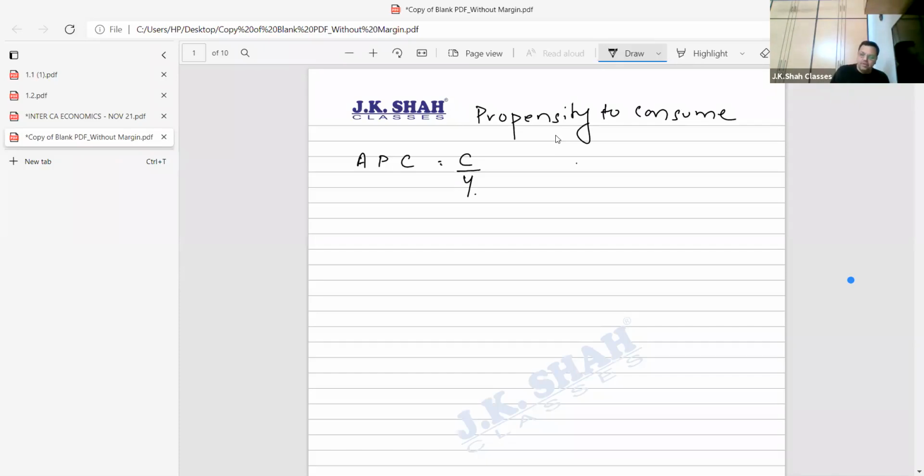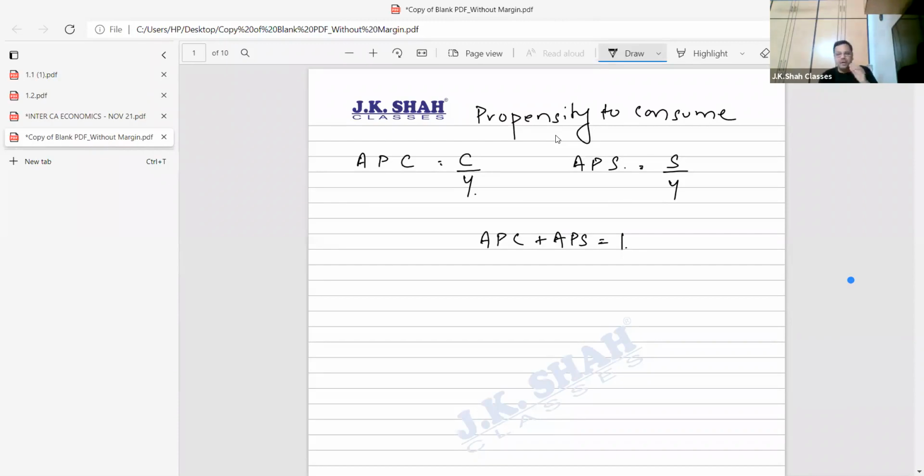So that becomes your APS, and the APS formula would be S upon Y. Please be very clear: APC is C upon Y, APS is S upon Y. Another thing you need to know is APC plus APS is equal to 1. So in case the APC is 0.4, it's implied that APS is 0.6.